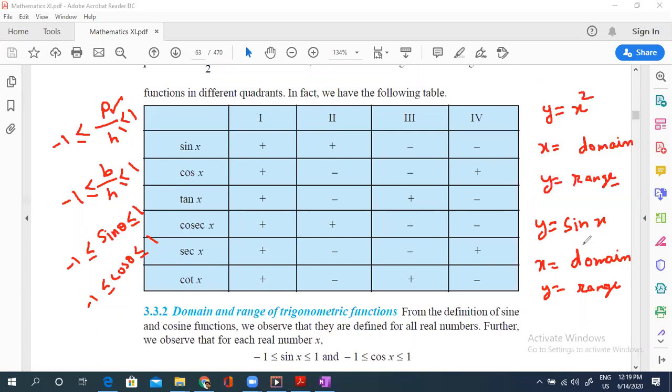See, domain is just the value you put in the function for which the function is defined actually. Now, for example, take your mixer grinder juicer, right? What do you put inside a mixer grinder juicer? Tell me.